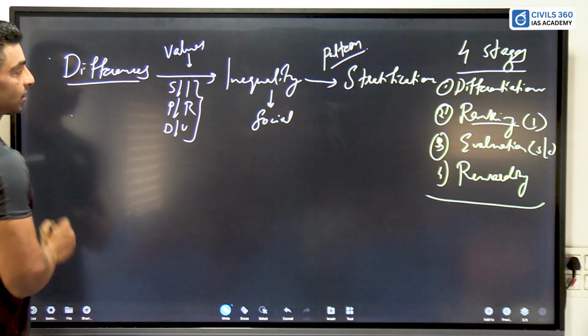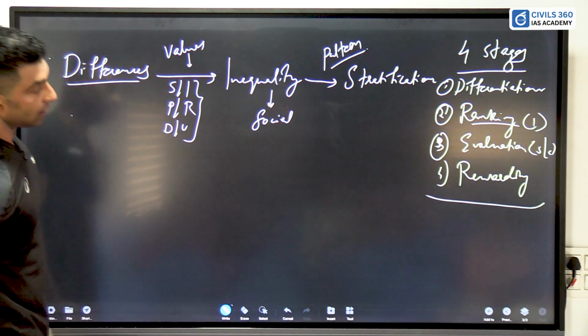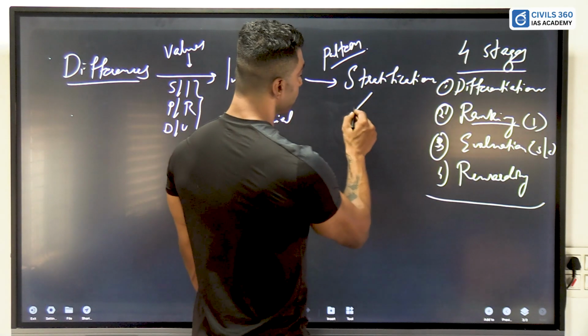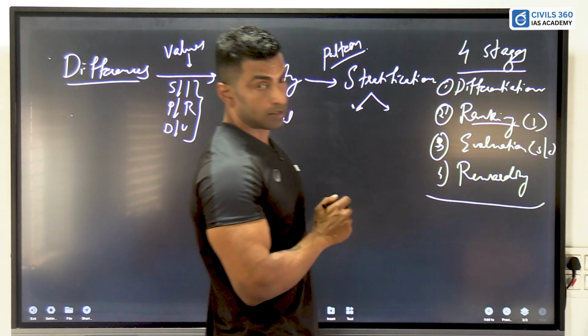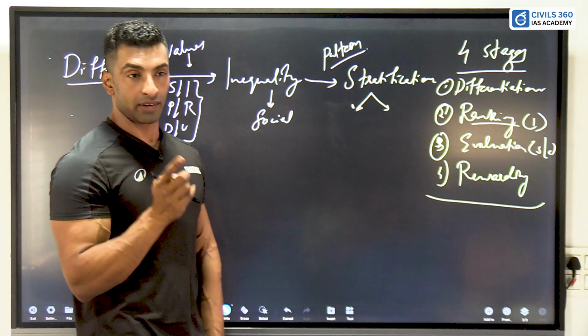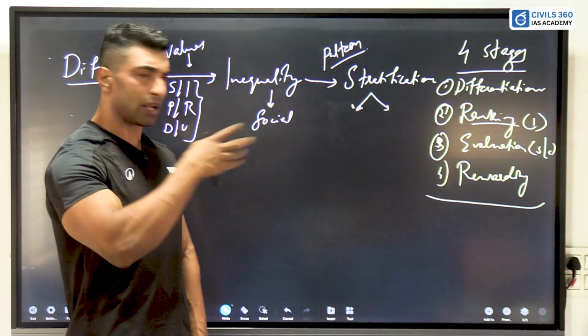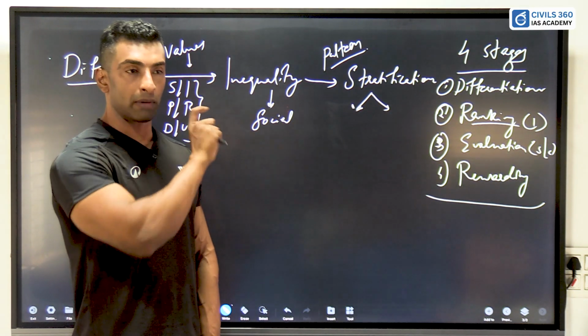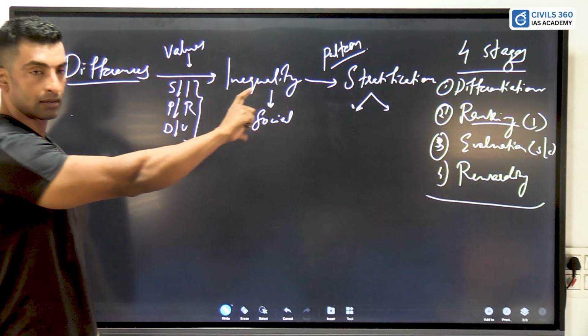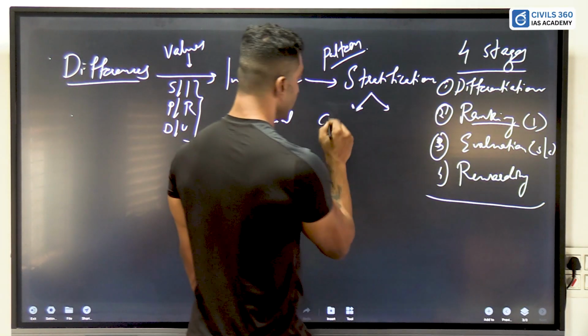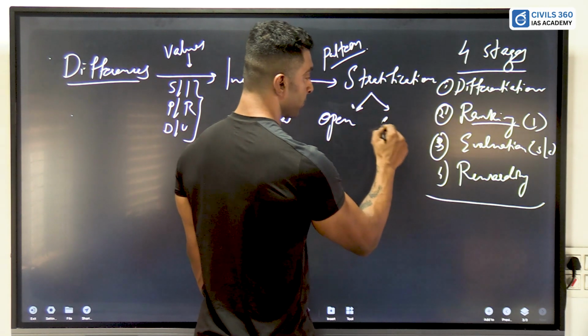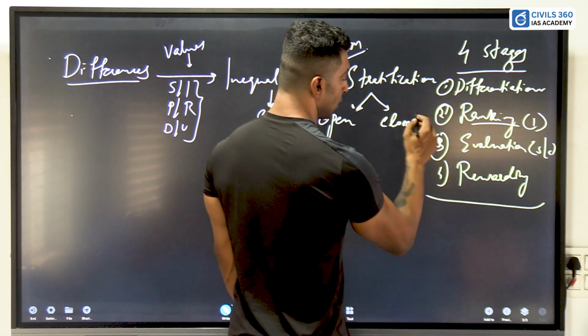And then comes the different types of stratification. This is a flowchart that I want you to have in your mind, in your book. Later you can understand now. Okay, but by looking at this, everything should trigger in your mind. Open, closed.